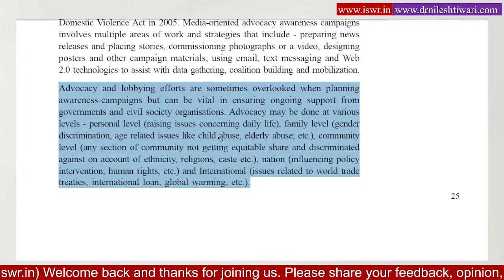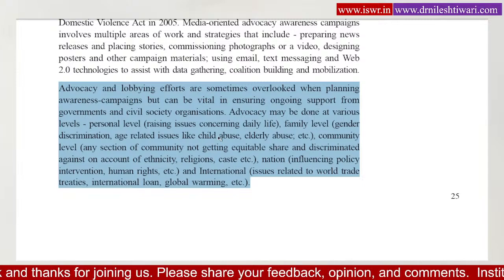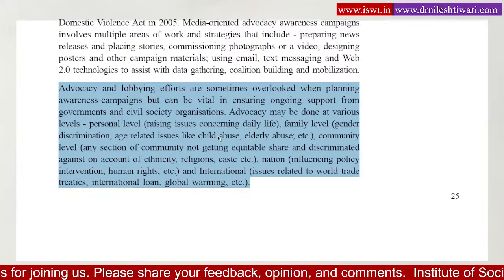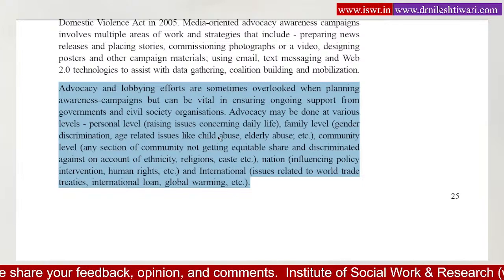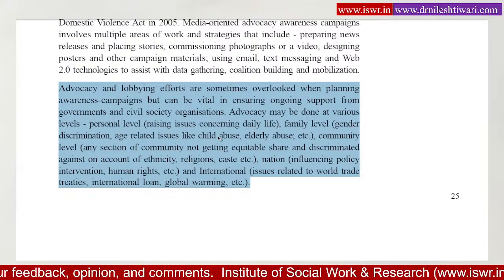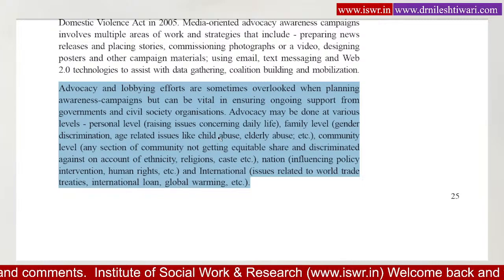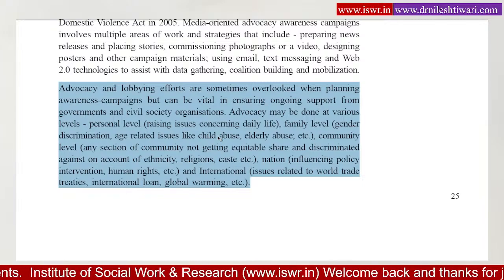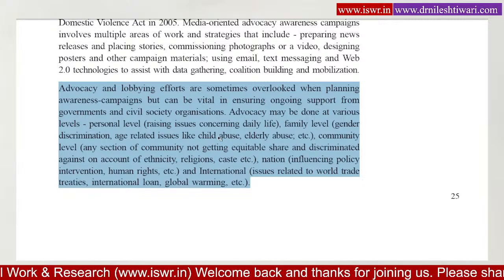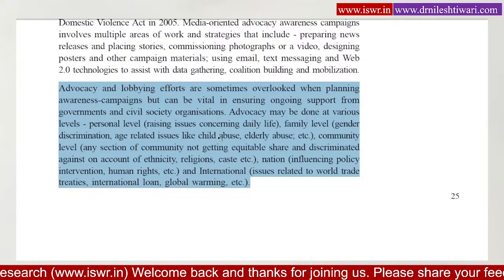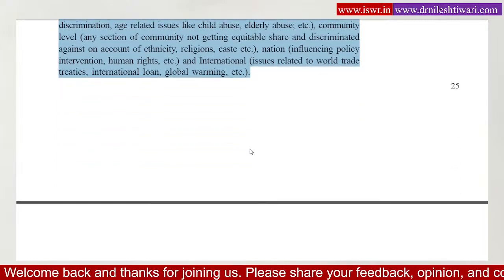For example, gender discrimination, age-related issues, child abuse, elderly abuse, etc. And it may also be done at community level, where any section of the community is not getting its equitable share and is discriminated against on account of certain ethnicity or religion or caste or something like that. At the same time, advocacy may be followed at the national level or international level, right? So I hope you got this idea.